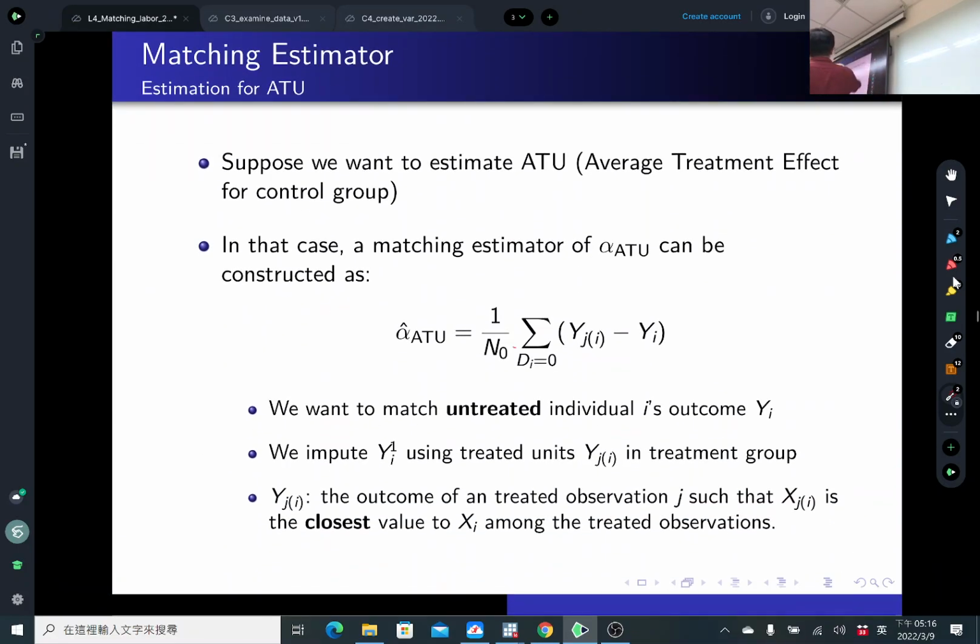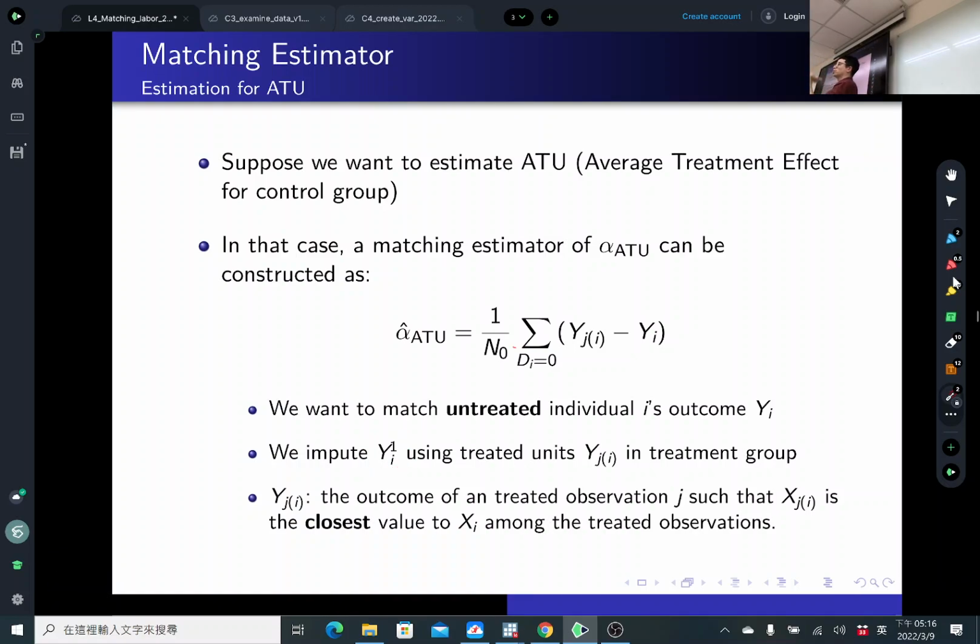And similarly, maybe you want to estimate the average treatment effect for the untreated, for the control group. In this situation, you can observe the outcome if they do not get a treatment. So the thing you need to impute is the potential outcome with the treatment.